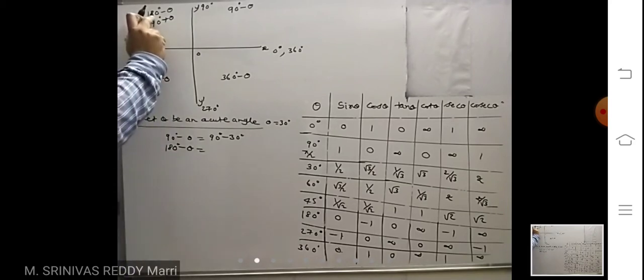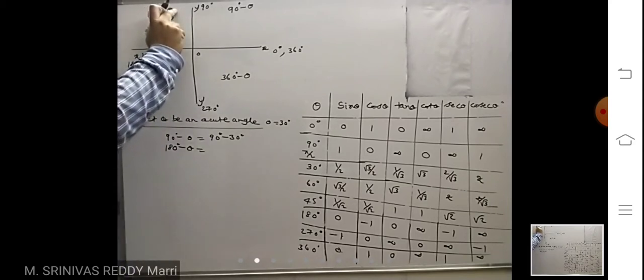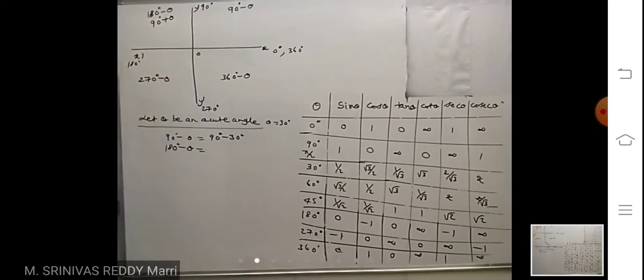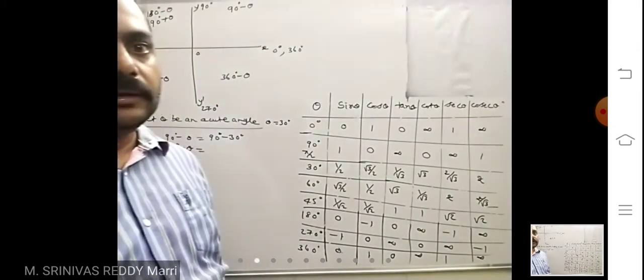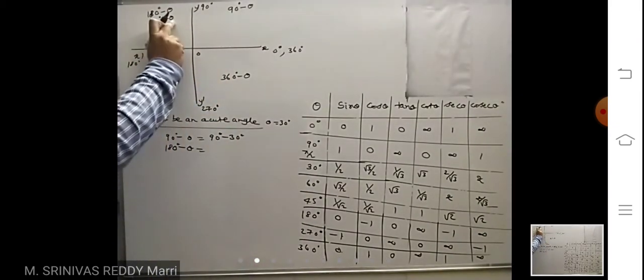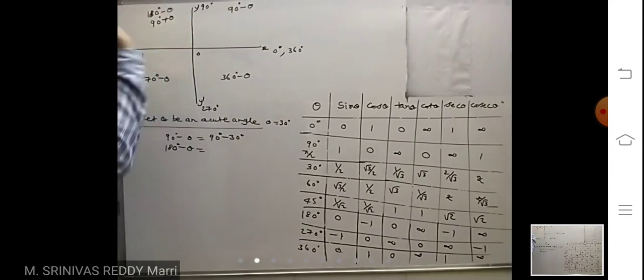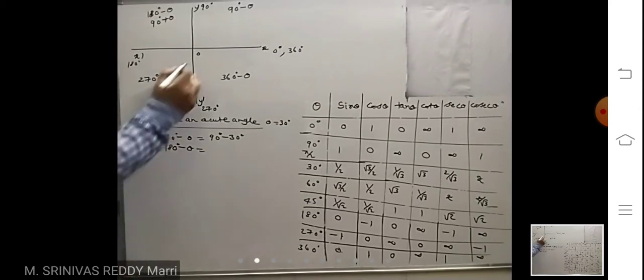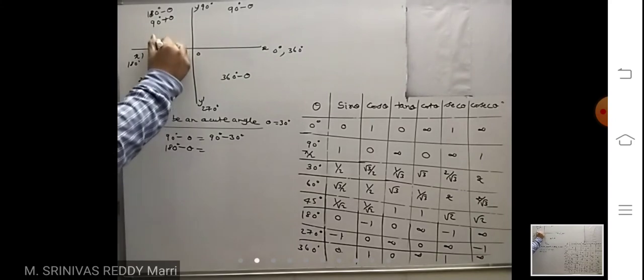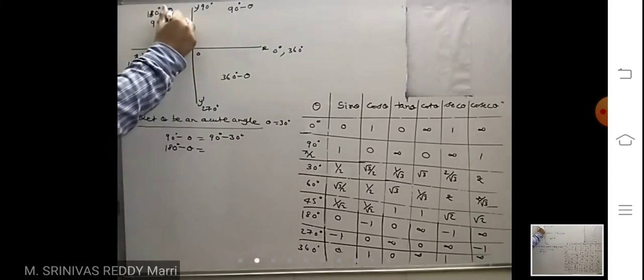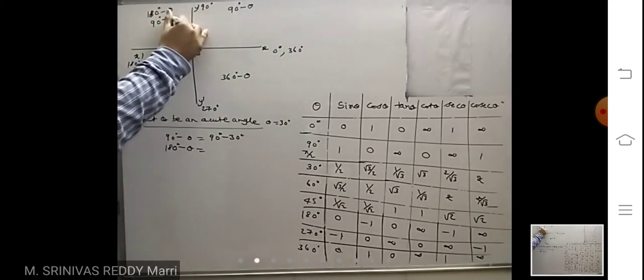Suppose look at 120 degree, that is nothing but 90 plus 30, which is also this one only. That means here in the second quadrant, the angle will be of the form 180 degree minus theta or 90 degree plus theta.